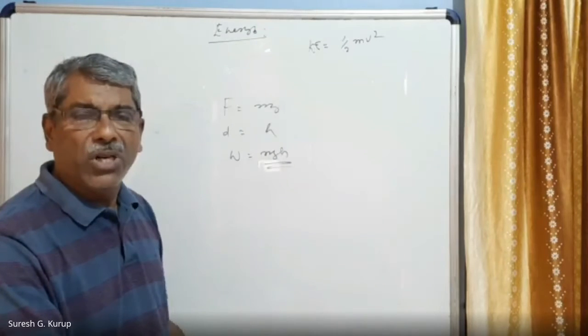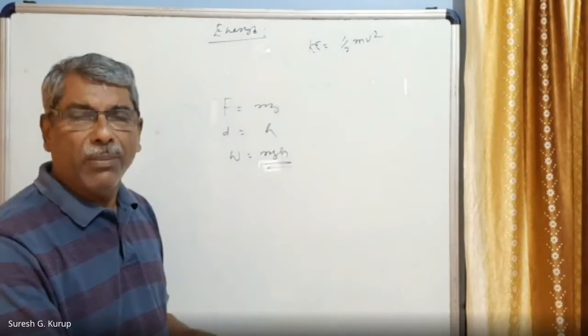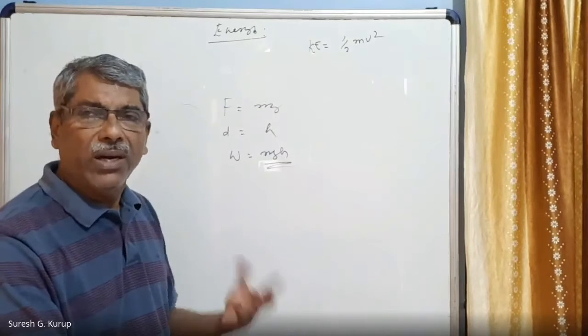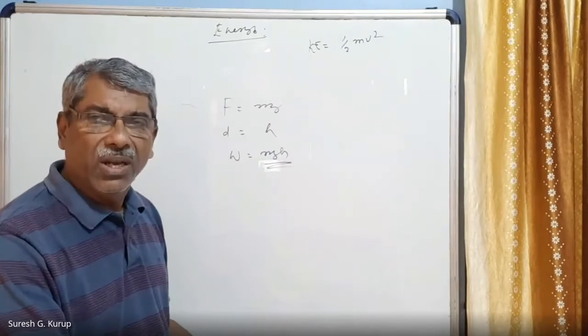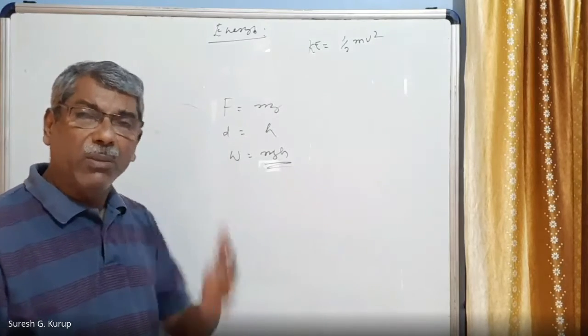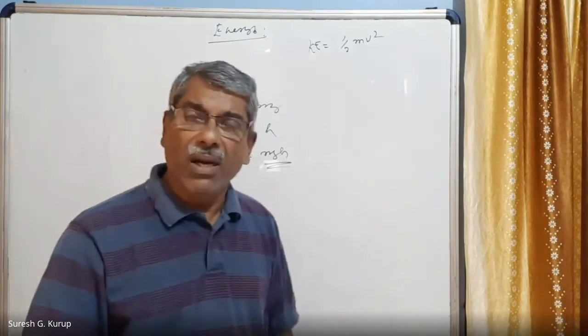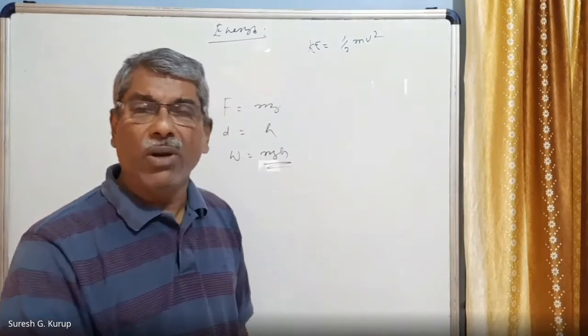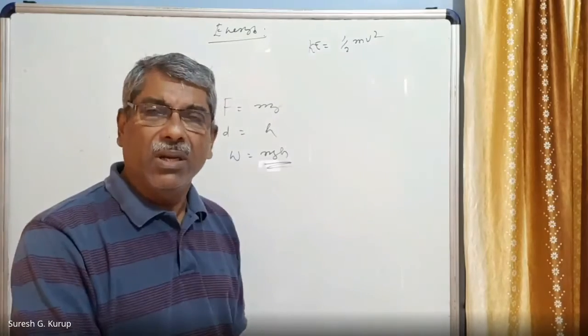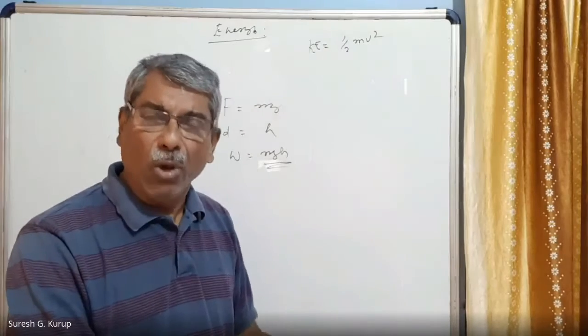Right? The energy stored with water in a dam is actually potential energy. Because a dam is constructed in such a place where the water can be kept at a height from the other lower surface. That means the other part, the ground, will be at a very low level.